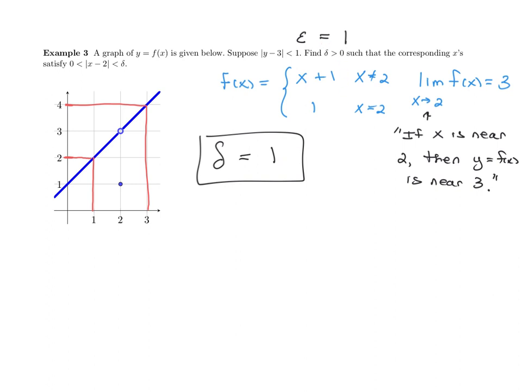Now, just a second look at this. It won't always be convenient to use a graph, but there's actually a nice analytic way to do this too. So I'd like to go over that. So your given information is that the absolute value of y minus 3 is less than 1. That's our starting point. And your goal is to find an absolute value of x minus 2 that's less than some delta. Well, the y values, if you're not allowed to use 2, are always equal to x plus 1, so you can just replace this y with x plus 1.